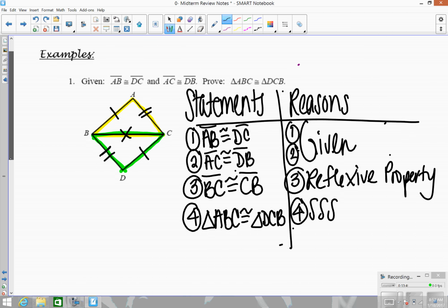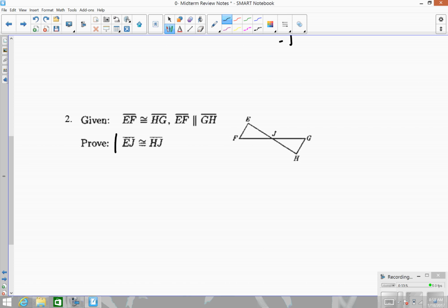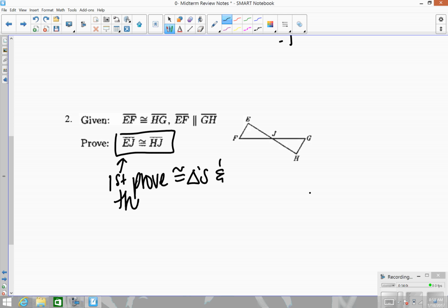So then the next one here, you're trying to prove congruent parts. So you're trying to prove 2 congruent sides. So this indicates that I first need to prove congruent triangles, and then use CP/CTC. So the triangles that those sides belong to, we need to prove are congruent.